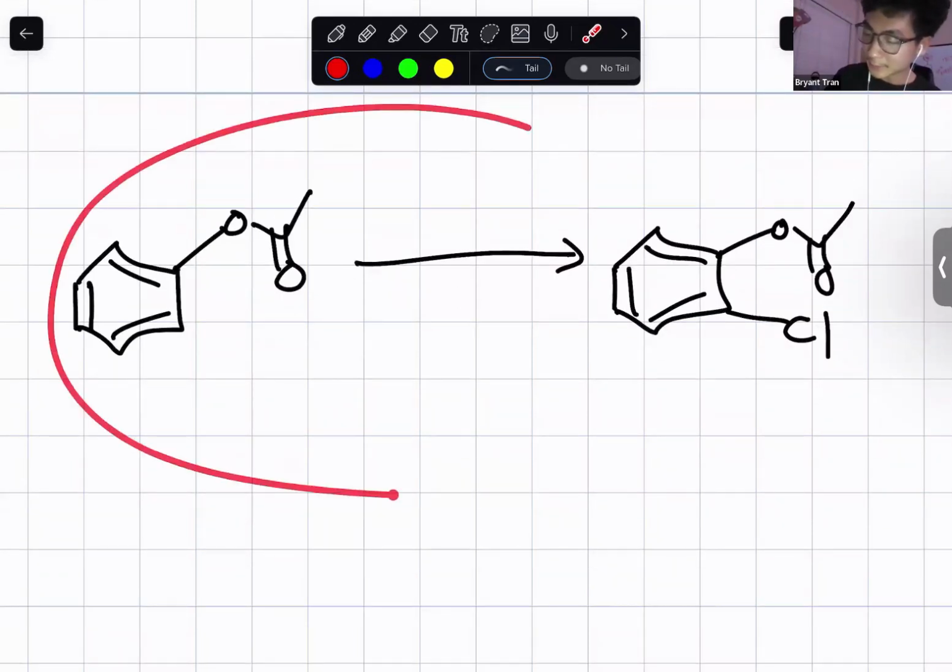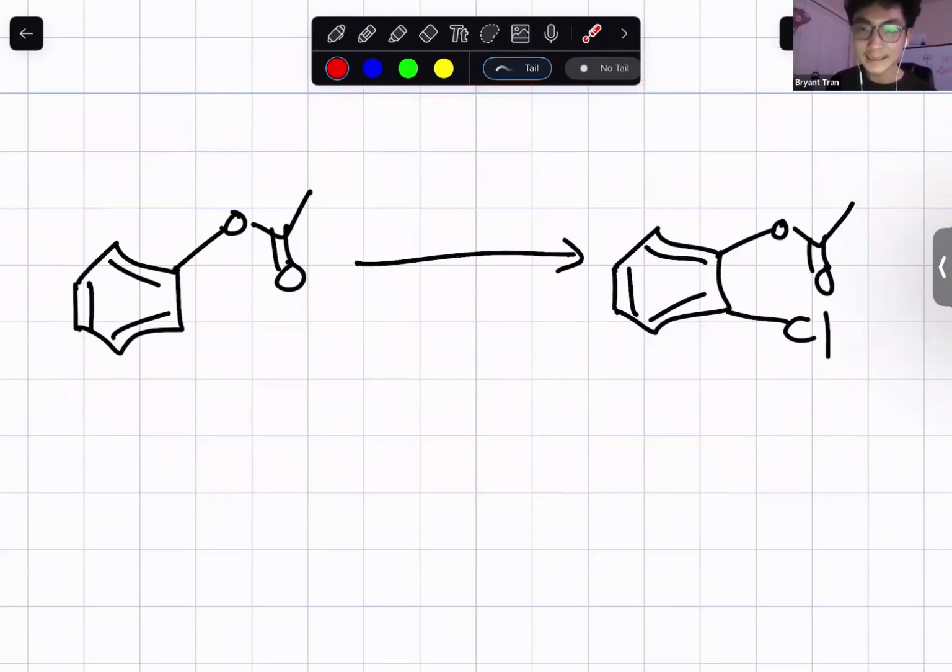So try this synthesis problem out. How would you carry this synthesis problem out here? You could either go backwards retrosynthetically, right? Or you could go forward. What is the relationship between this group and this group here?